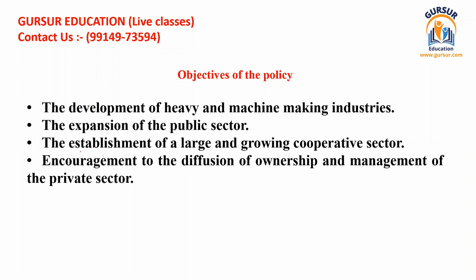And then, encouragement of diffusion of ownership and management of the private sector. It was said that ownership and management can be considered separate. You would have gone through the concept of a separate legal entity a number of times, because being a student of this particular subject, you would have learned separate legal entity so many times.